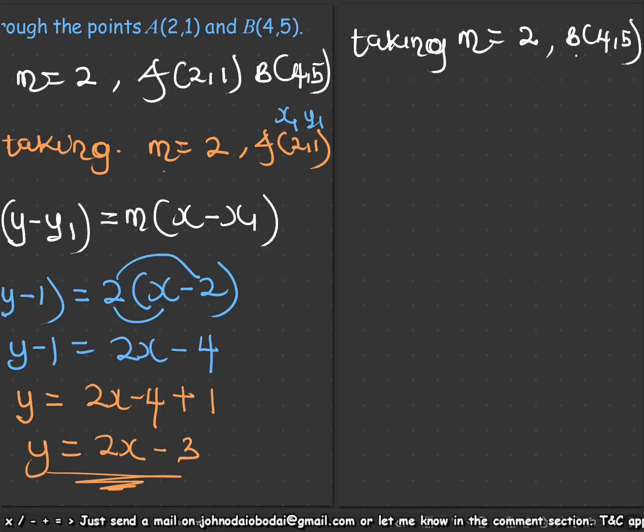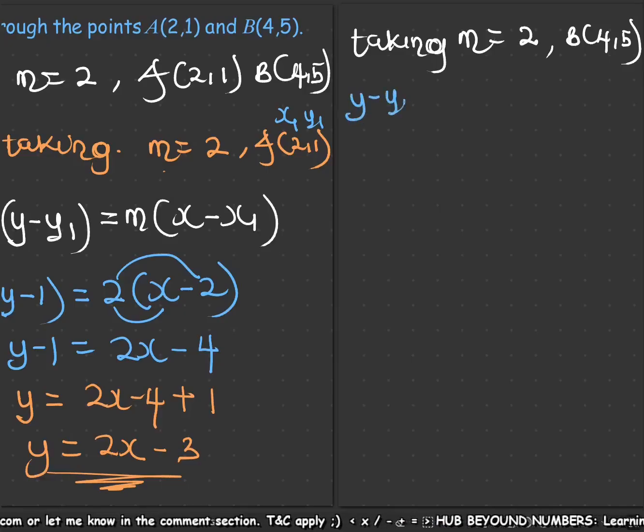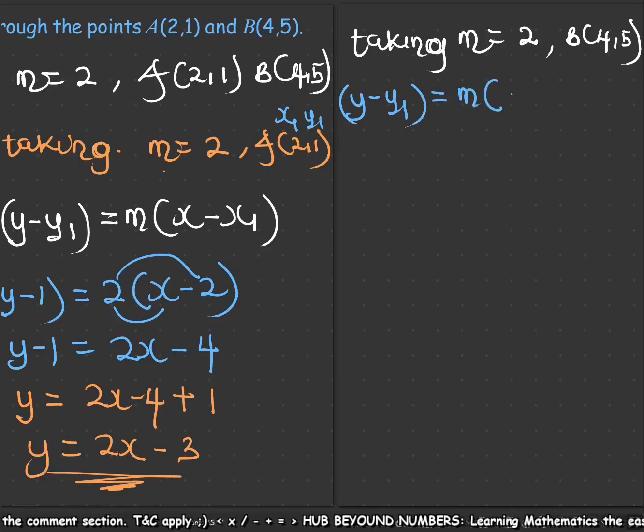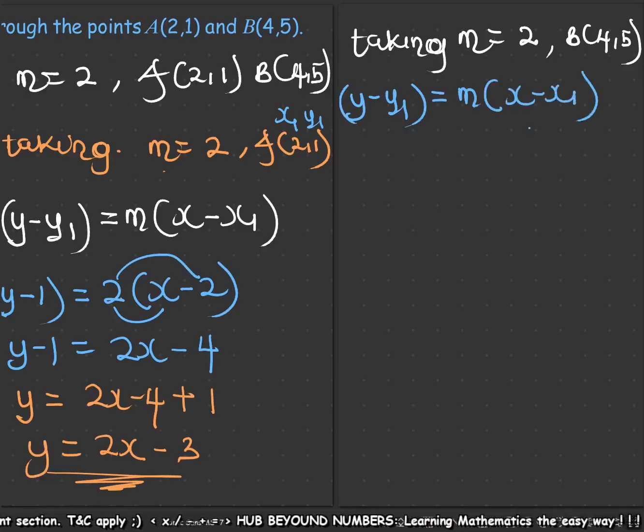So in this case, our 4 becomes our x1, and then our 5 becomes our y1. We know our formula to be what? y minus y1 is equal to your m into bracket x minus x1.